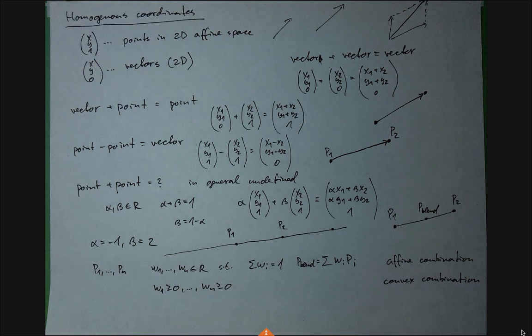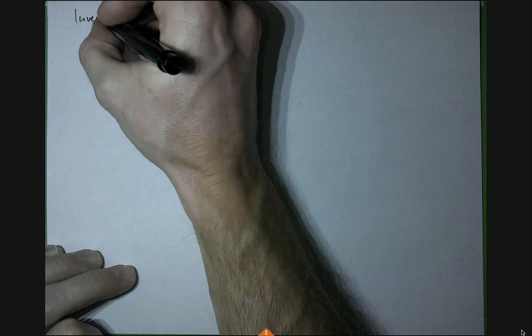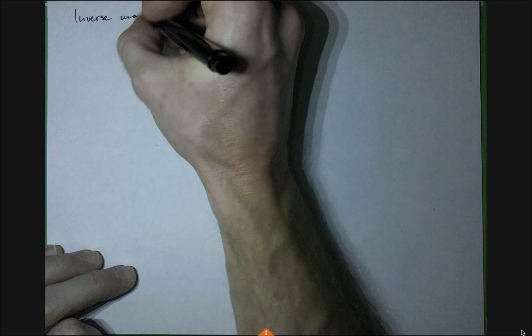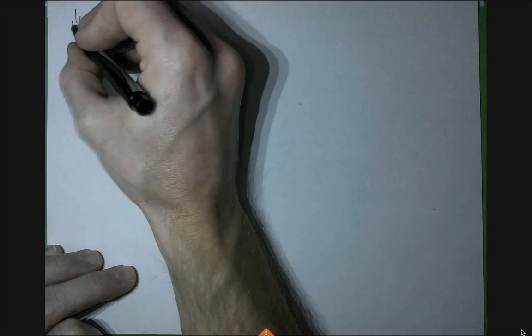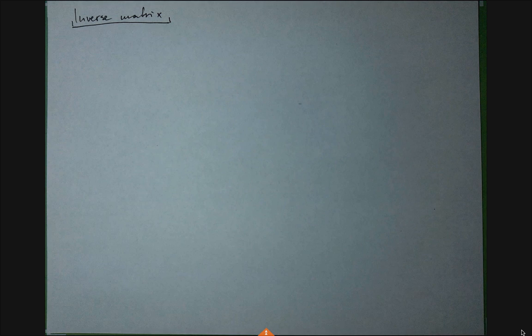Okay. So one more thing I need to explain before I can formalize a little bit the coordinate systems is the inverse matrix. I'll give you a short introduction to the inverse matrix, because we will then do a proper definition and properties on how to compute it later on.